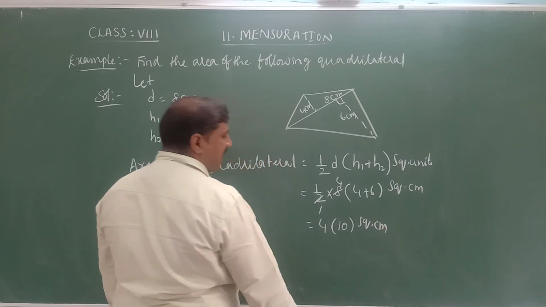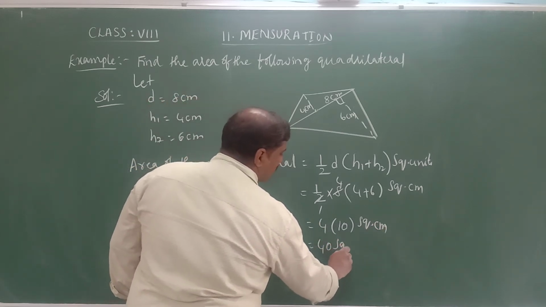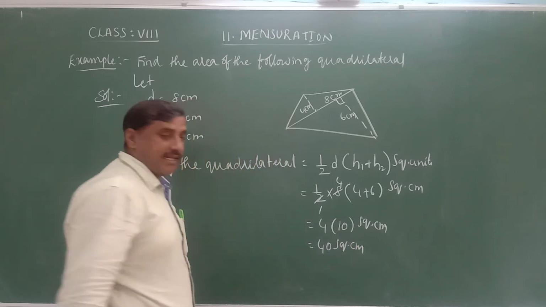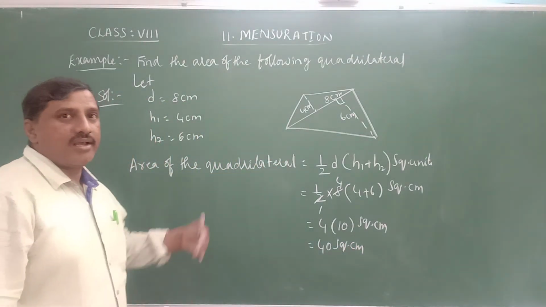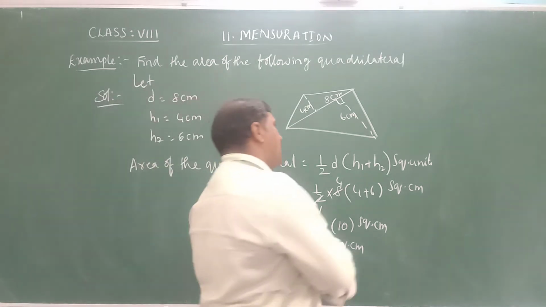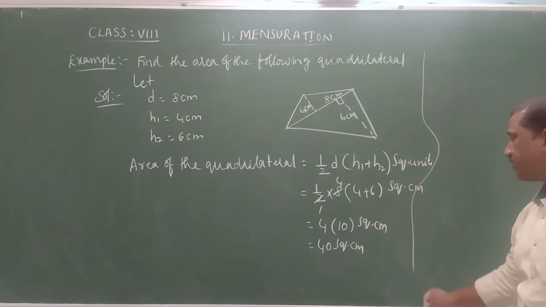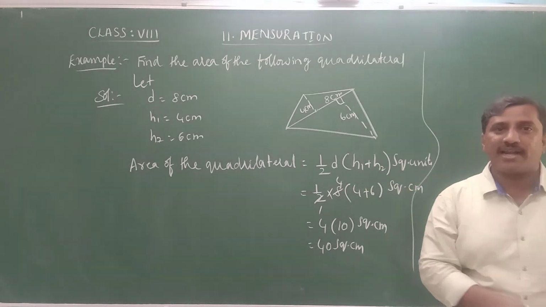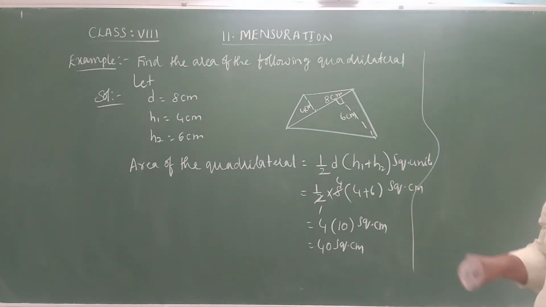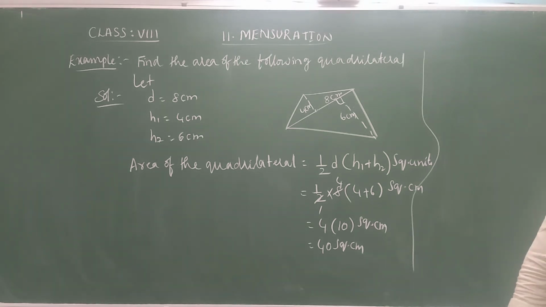Now multiplying 4 and 10, 4 tens are 40. So 40 square centimeters is the area of the given quadrilateral. So from the given figure, identify the length of the diagonal and the altitudes, write the correct formula, substitute the given values and simplify, and we will get the area of the given quadrilateral.